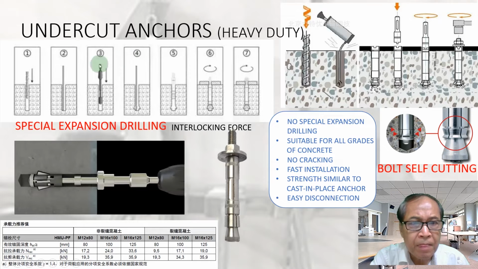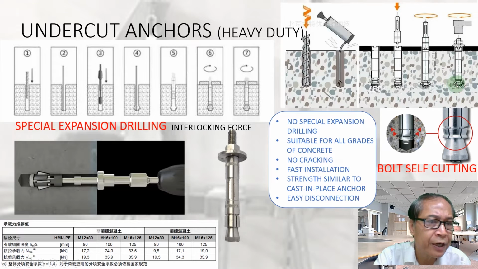Another kind of undercut anchor is the self-drilling, self-cutting bolt. You see it here, this is the cutting edge. It cuts the concrete here, cuts the notch. So they provide the interlocking of the bolt, you see.